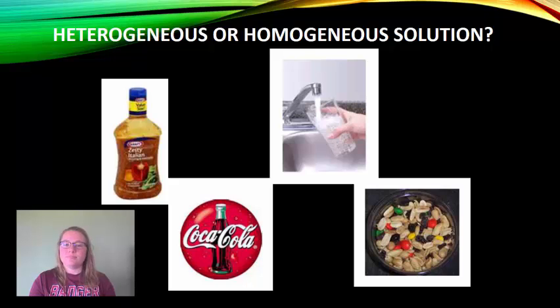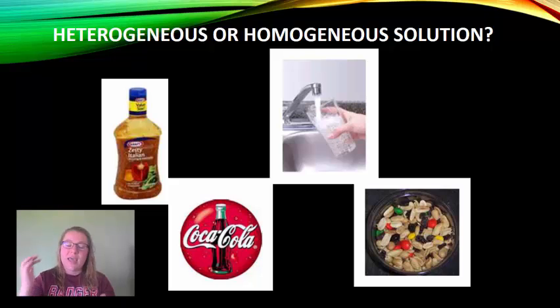What about Coca-Cola? Well, that should be a homogeneous solution as well. Every little bit of that beverage should taste exactly the same. If it didn't, we'd have some serious questions for the Coca-Cola company. And then finally, trail mix. That would be a heterogeneous mixture because you have individual chunks in there.